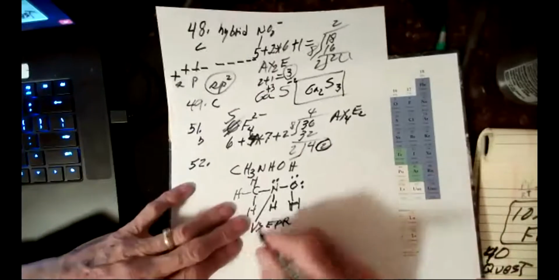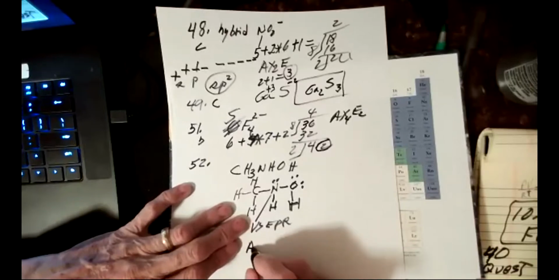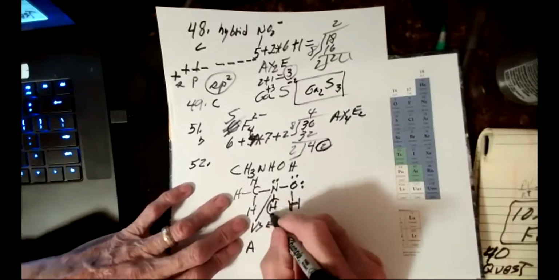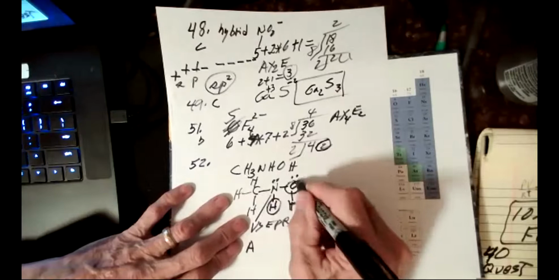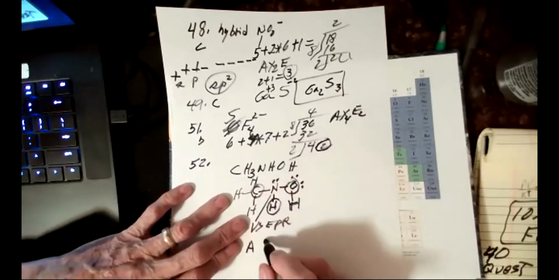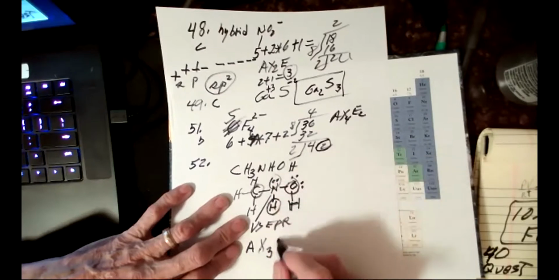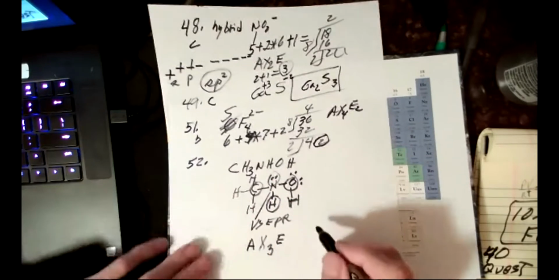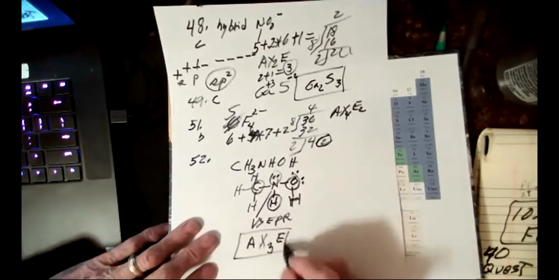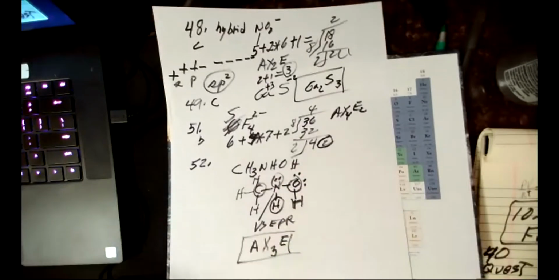Okay, the nitrogen, we're going to call that A. How many atoms are attached? 1, 2, 3, AX3. How many lone pairs? 1. AX3E then is the VSEPR notation for that particular atom. And that should be the correct answer.